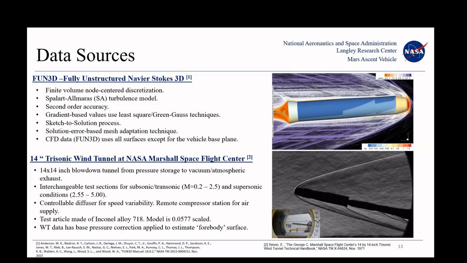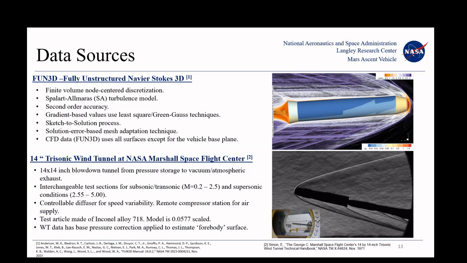It's got a controllable diffuser for speed variability. So that means that you can attain certain speed flow at certain Mach numbers. So you can't get Mach 5. You can get Mach 4.96. That's how it's designed, and it's got a remote compressor station for air supply.